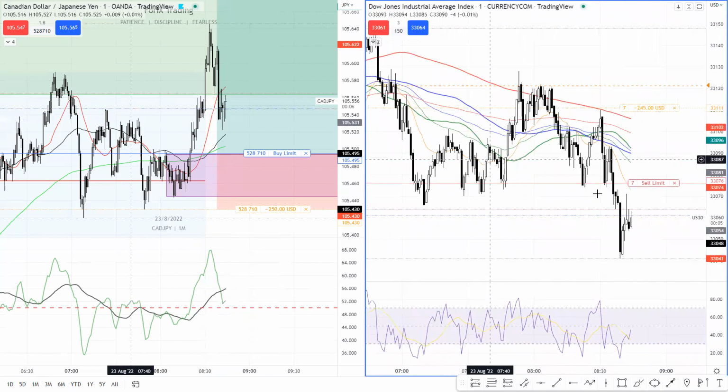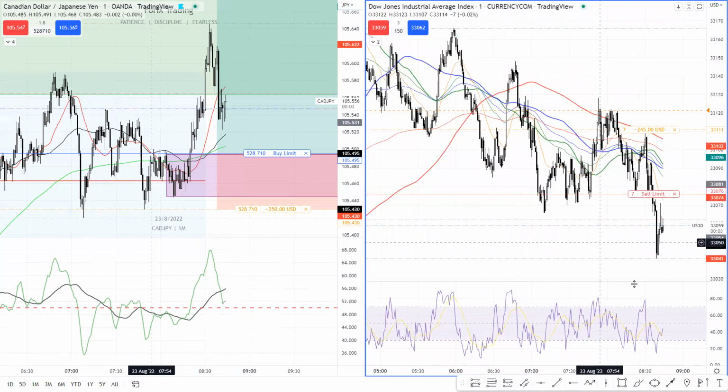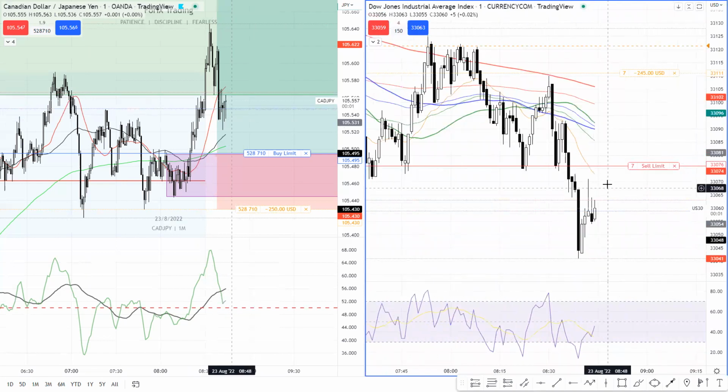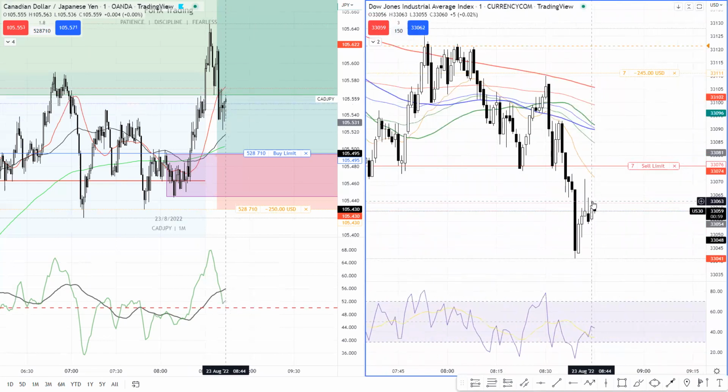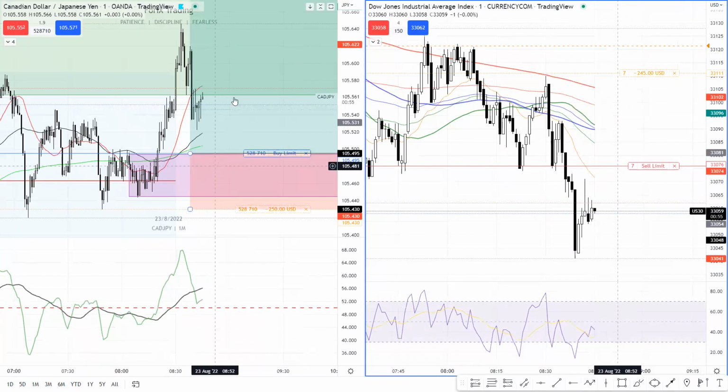We're breaking lows, we've broken structure. It looks like we're bearish, but it looks like we might be getting a relief on the buy side of things. But I'm still very bearish.